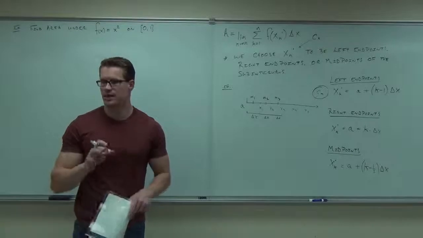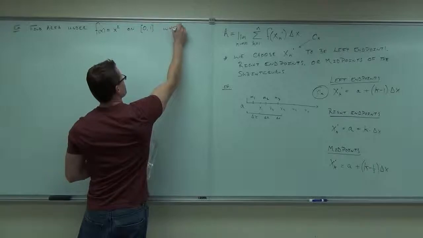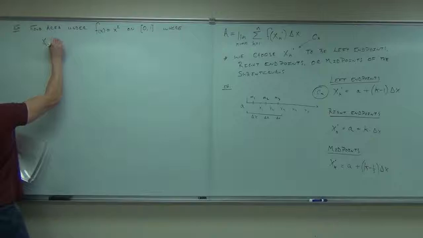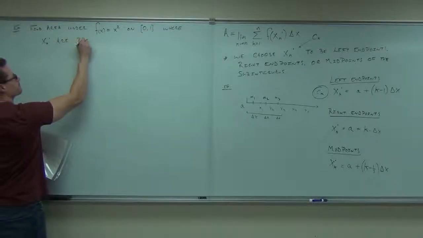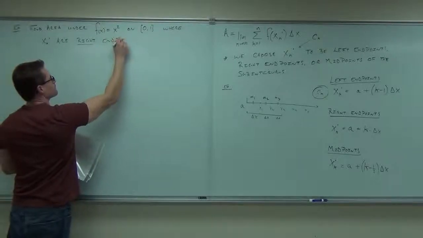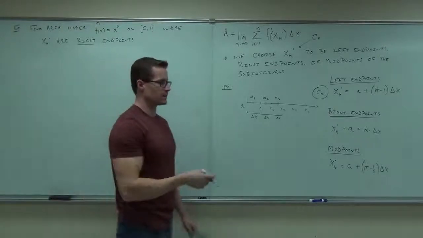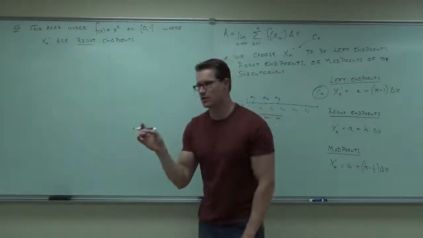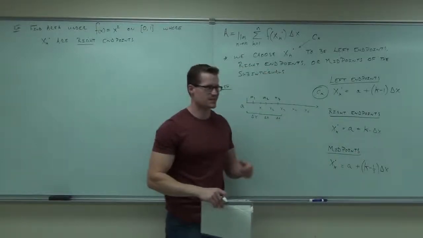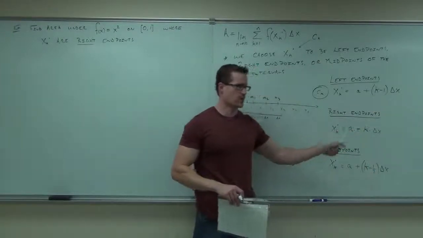In this case, I want you to pick right endpoints. Again, it doesn't matter when you're taking a limit, because n's going to infinity, it's all getting squashed anyway. I would say right endpoints tend to be the easiest for me. So I don't have to deal with this, I don't have to deal with that. Just pick right endpoints.